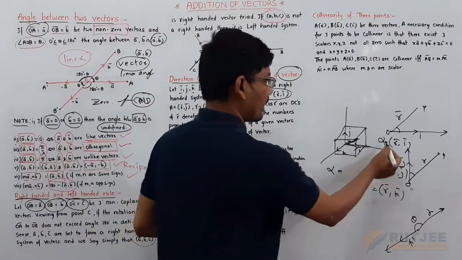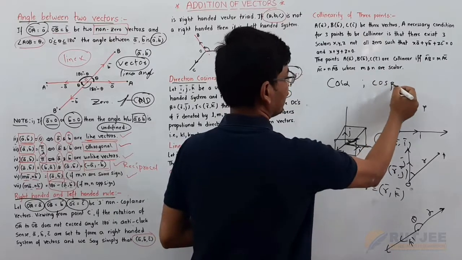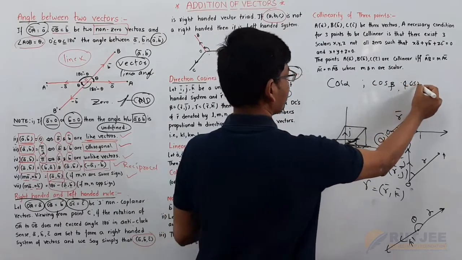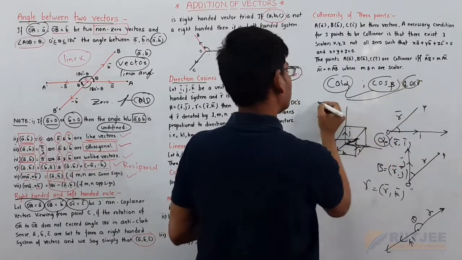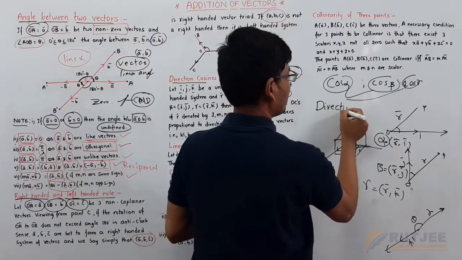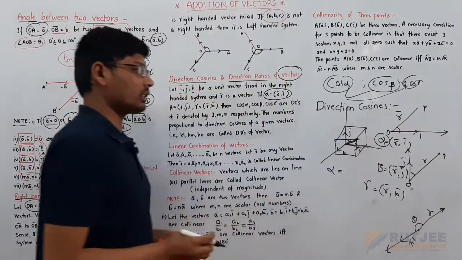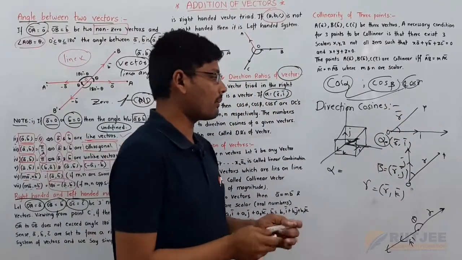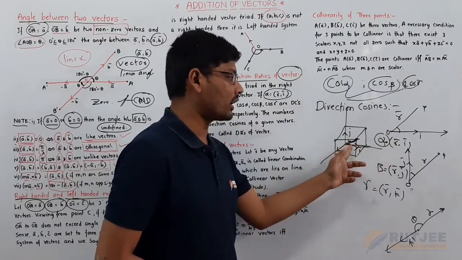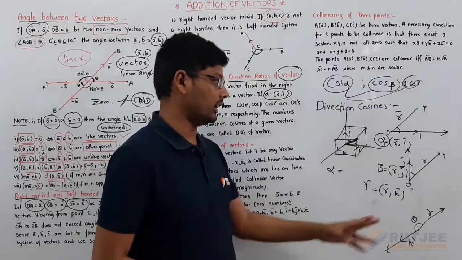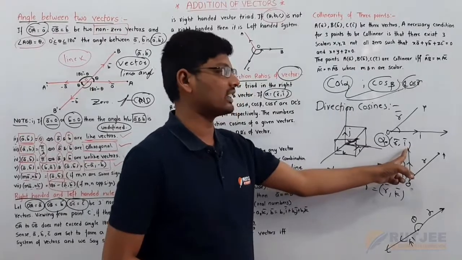So cos alpha, cos beta and cos gamma are the values we consider as direction cosines. Alpha, beta, gamma are the angles between the vector and the x, y, z axes respectively, where alpha is the angle between r bar and the direction of the x axis, that is i bar.